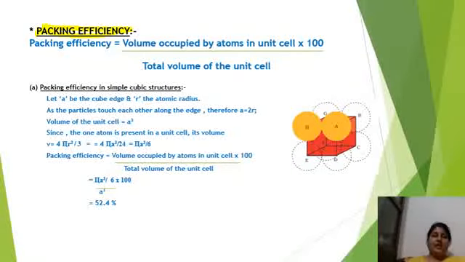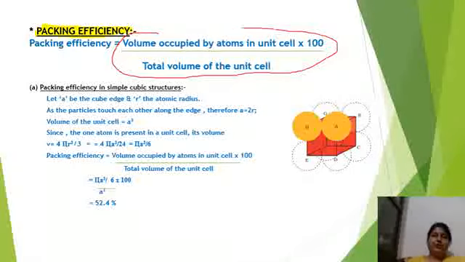See beta, in the previous video I have explained about the packing efficiency, that packing efficiency is the ratio of the volume occupied by atoms in the unit cell and the total volume of the unit cell.